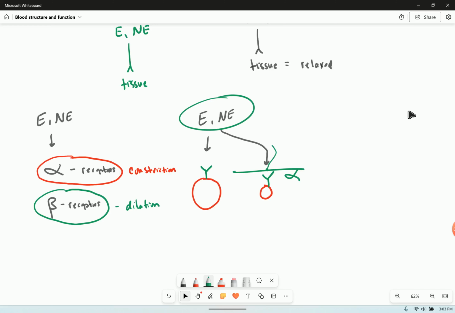The lung field, or the bronchioles, are mostly beta 2 receptors, which means when epinephrine, norepinephrine bind to a beta receptor, it is going to cause bronchial dilation. On a side note, with these receptors, you either want something to bind to the receptor or something to block the receptor.